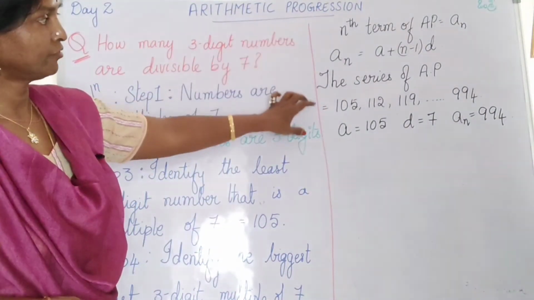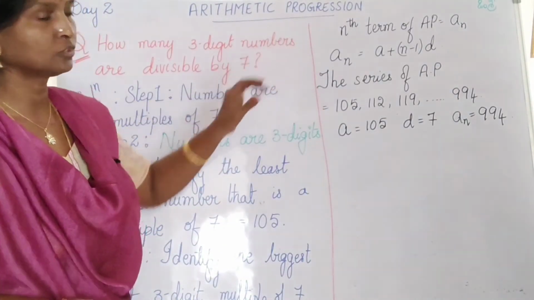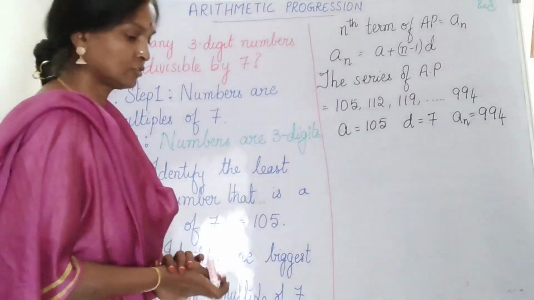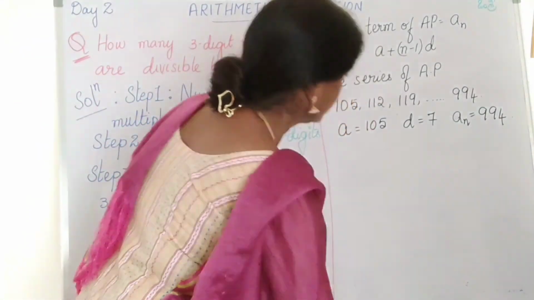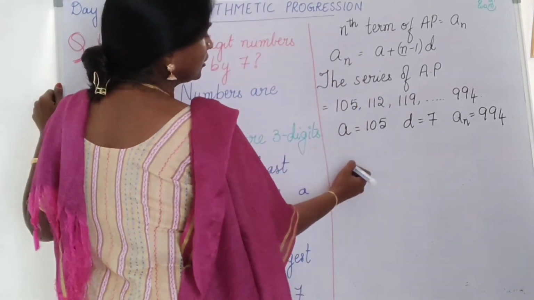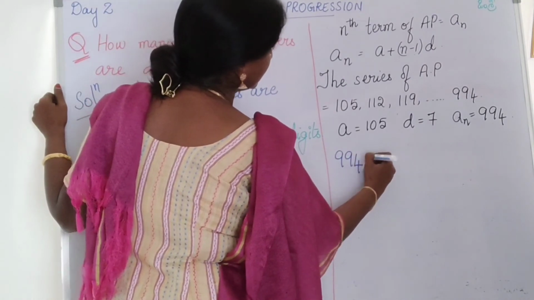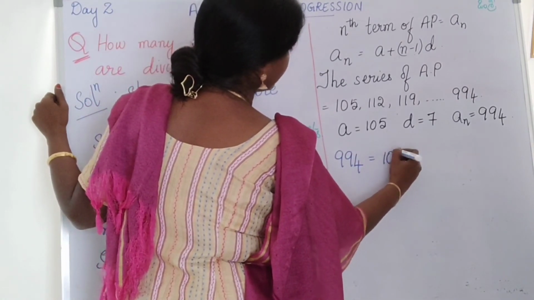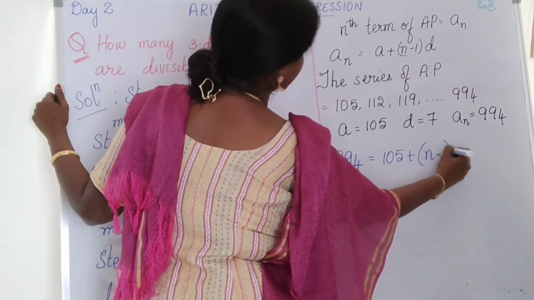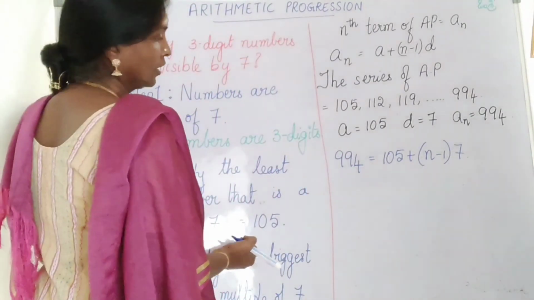After identifying the values of all the terms, now we just have to substitute the values to get the solution. So here I am substituting directly: an is equal to 994, which is equal to 105 plus n, which we have to find out, into d, and the value of d is 7.